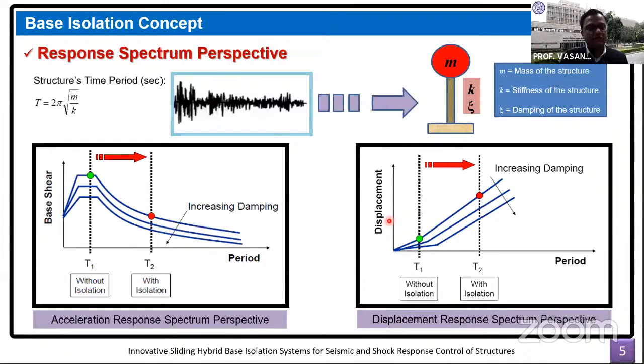So it is the decision of the designer how the time period elongation is to be obtained. Typically, as a ballpark figure, if we increase the time period up to about 3 times or more, then we achieve economy and exploit all the advantages of the base isolation system. And in terms of damping, what is the magnitude of damping that we are talking about?